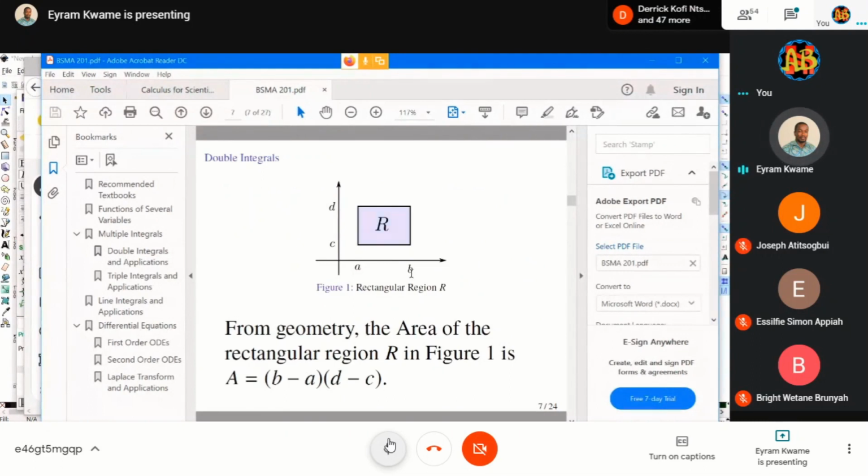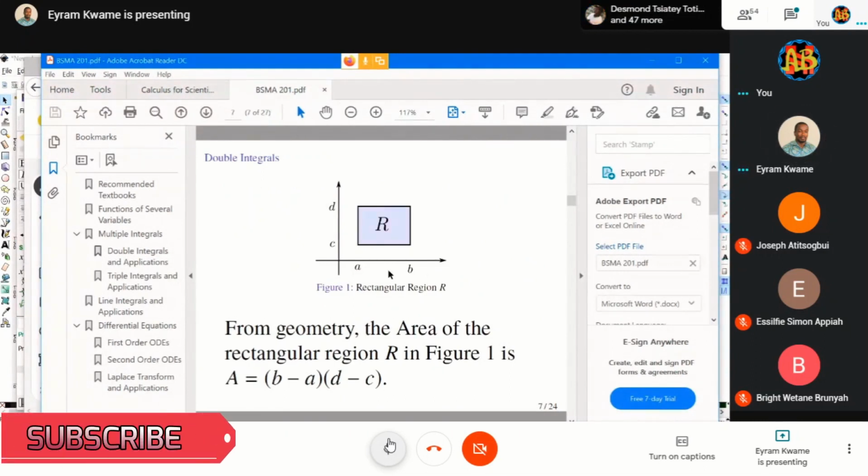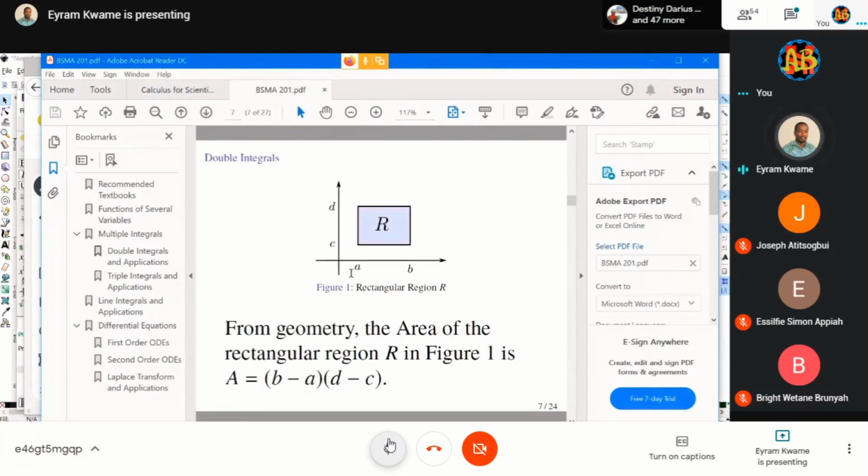Basically, I introduced double integrals. I introduced it from a geometry point of view.